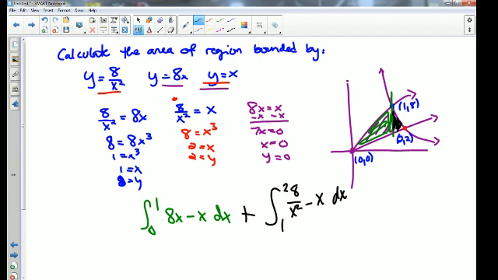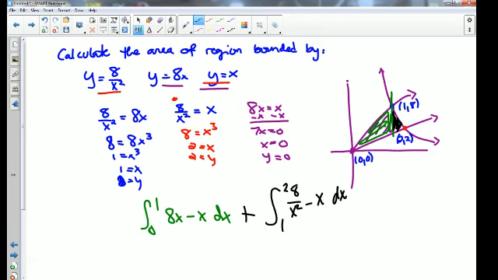So the setup on these is sometimes what gets difficult. The nice thing about the AP exam, this is a very popular free response question, is they usually give you the picture, so it's very obvious what happens. Why did I split them?